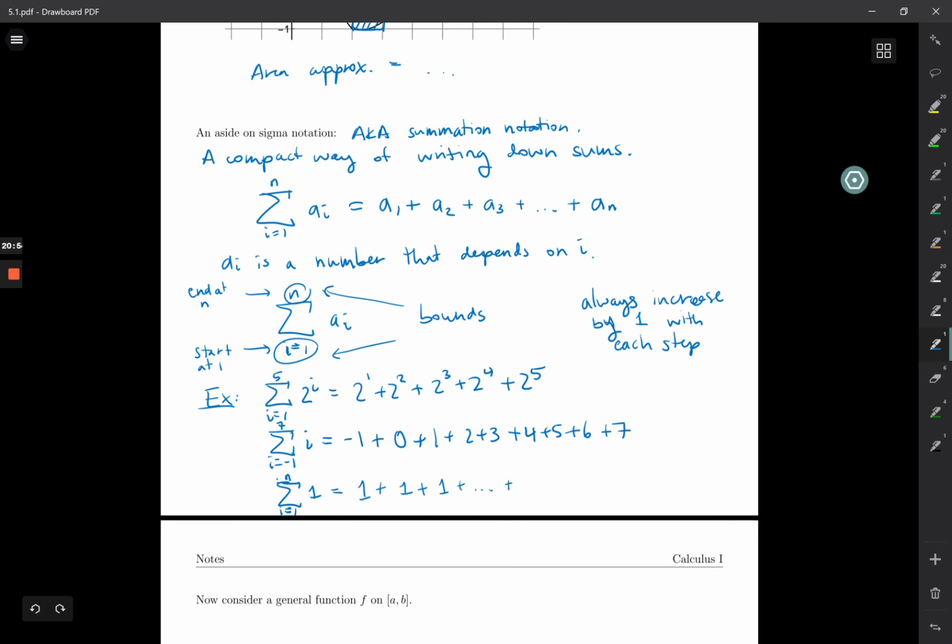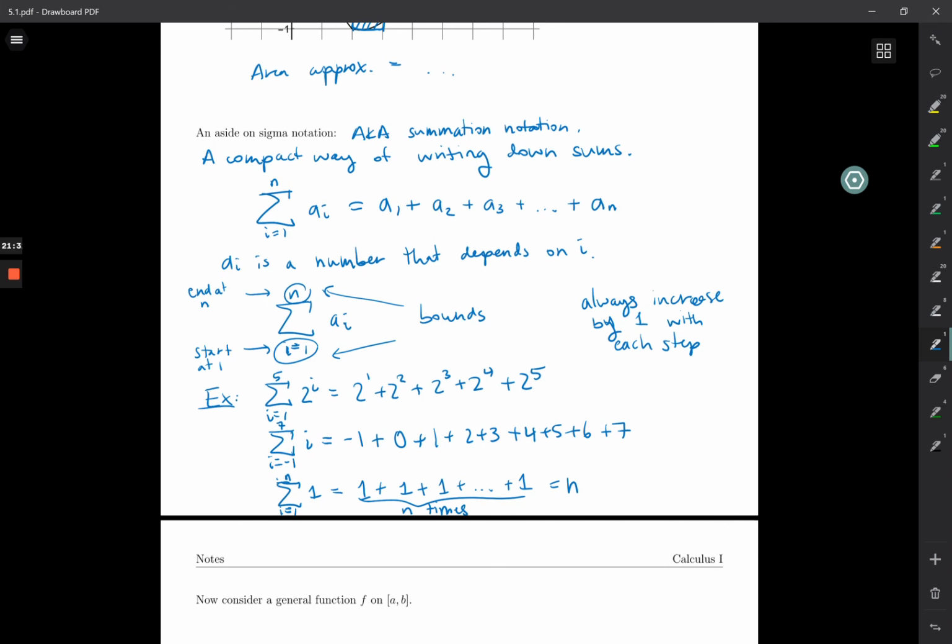And so we'll actually have to add a 1 for each index from 1 up to n. So we're going to have to add 1 to itself n times. Okay, so that means that the sum from i equals 1 to n of just 1 by itself is equal to n, right? So be careful of this because you might expect when you look at this sum that it would be equal to 1, but we actually have to add a 1 for each step that we make, and so it's actually equal to n, right?